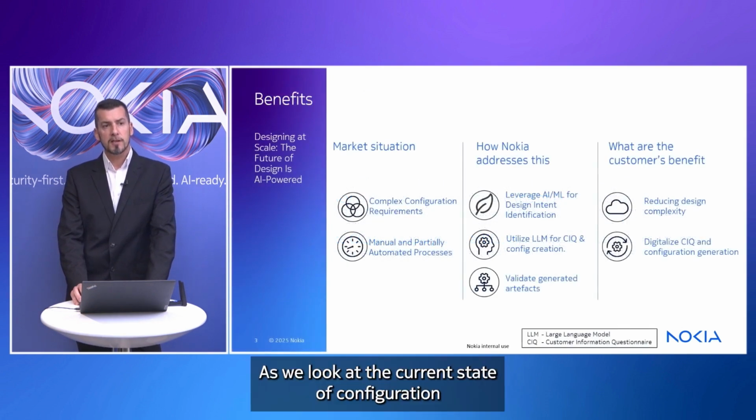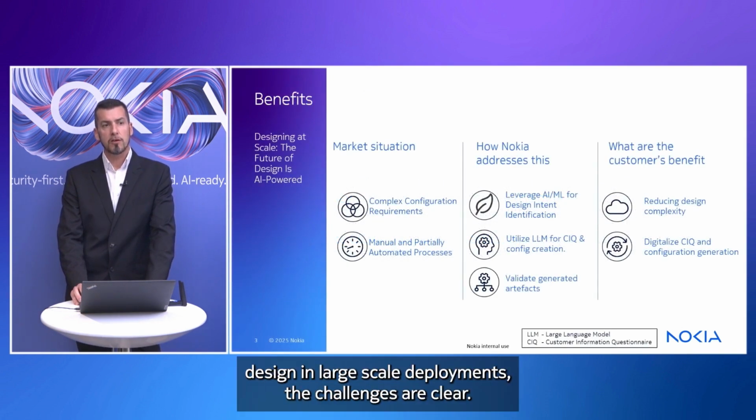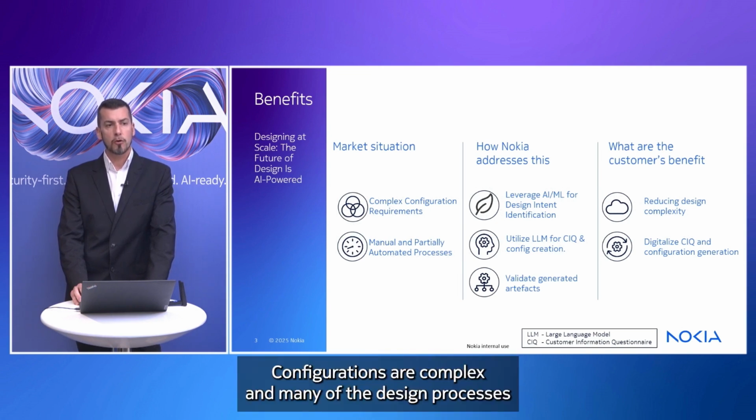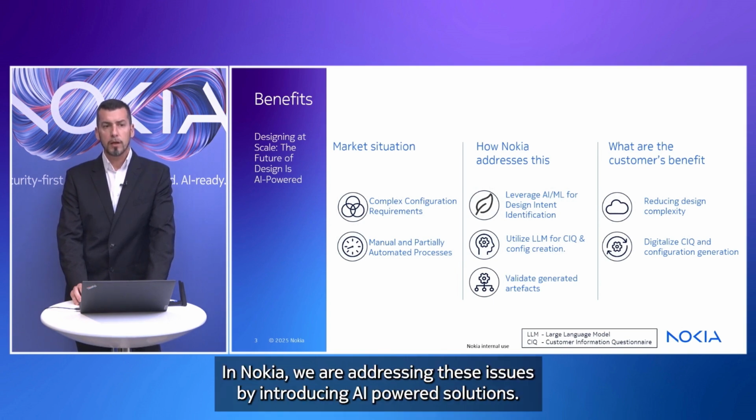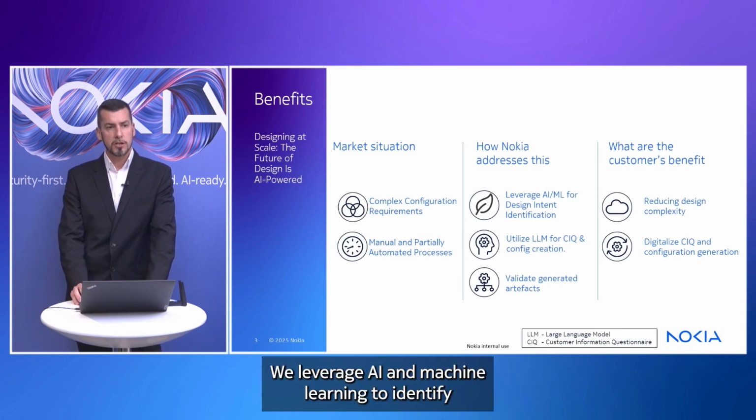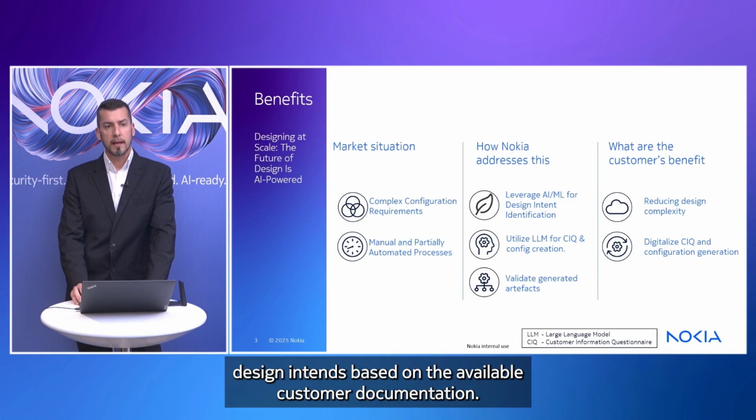As we look at the current state of configuration design in large-scale deployments, the challenges are clear. Configurations are complex, and many of the design processes are still manual or only partially automated. At Nokia, we are addressing these issues by introducing AI-powered solutions. We leverage AI and machine learning to identify design intents based on the available customer documentation.